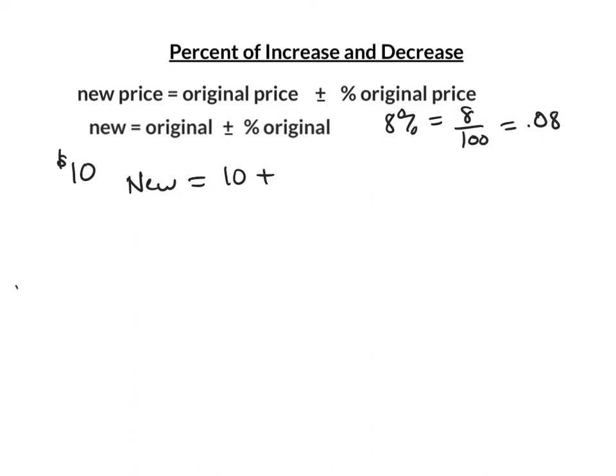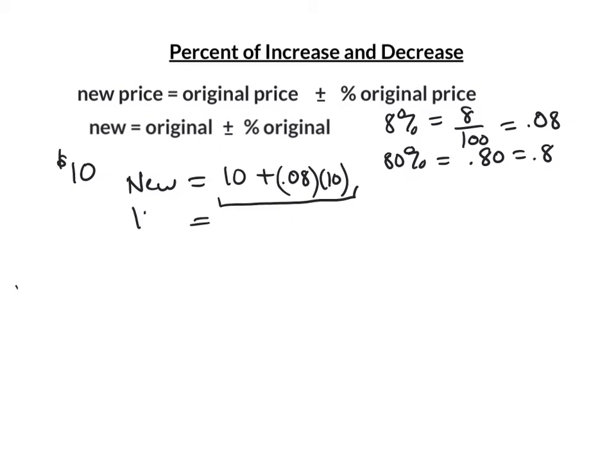Do not confuse that with 80%, which is 0.80 or 0.8. They're very different. New equals the original 10 plus, because the sales tax increases the price, 8%, 0.08, times the original, $10. So I punch this in the calculator, and it ends up being $10.80.